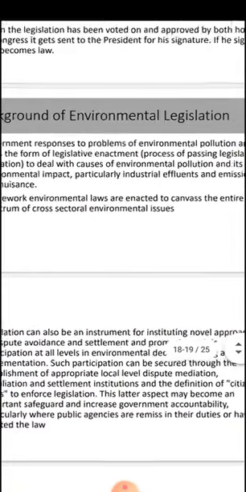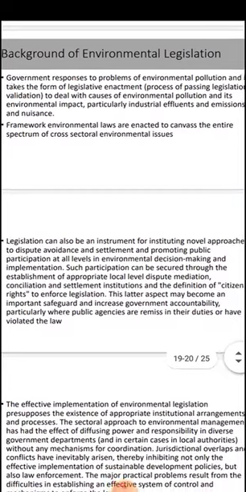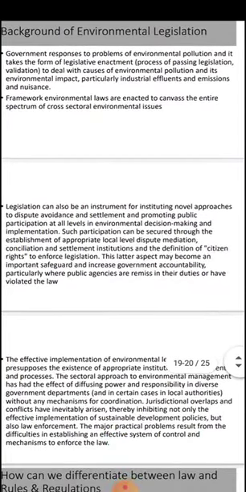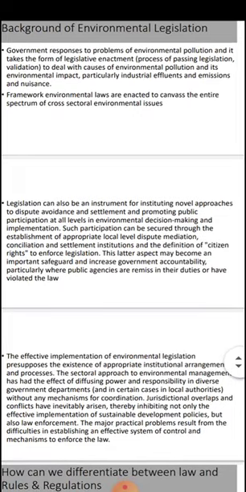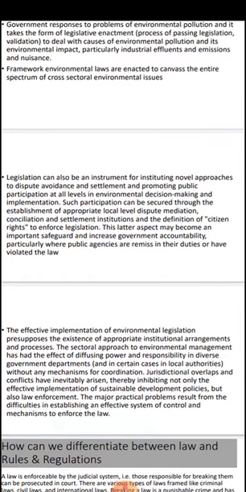So it is all about the making and development, and then legislation can also be an instrument for instituting novel approaches to dispute avoidance and settlement and promoting public participation at all levels in environmental decision making and implementation.